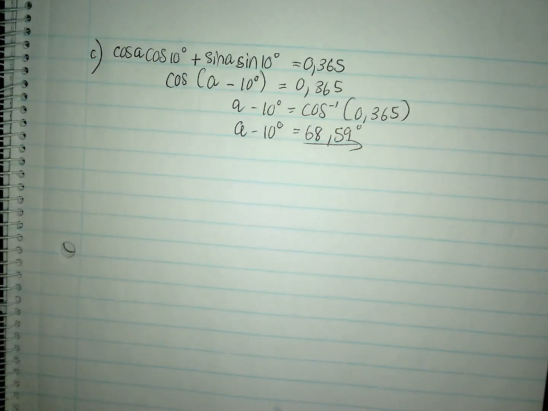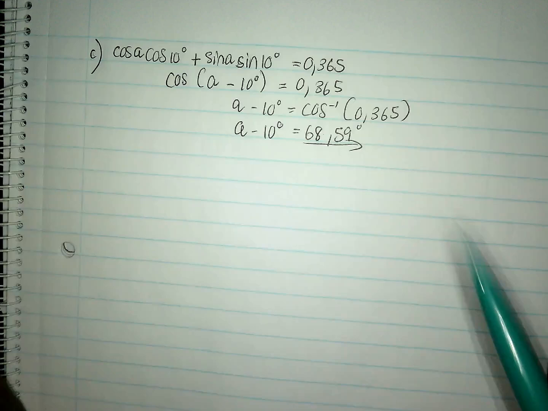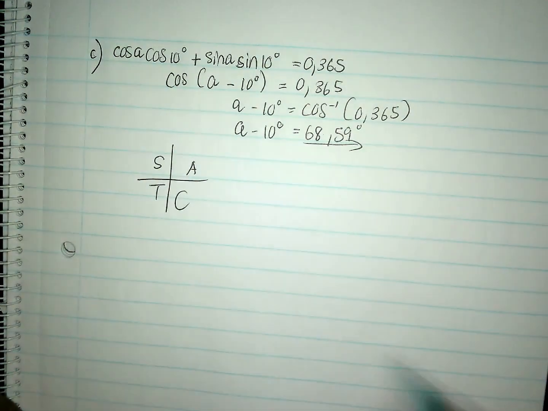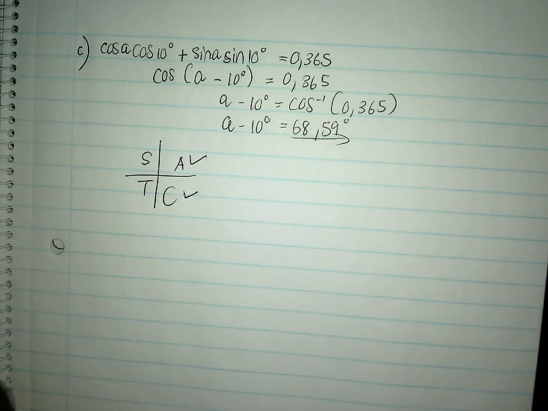Now this is your ref angle. So now we have to check where cos is. Remember, it's going to be a positive value. So where is cos positive? Using your CAST diagram, cos is positive in your first and your fourth quadrant, right?